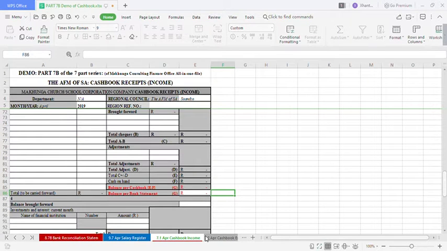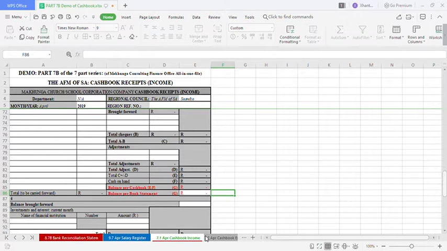Please note that the data that we use on this demo is obtained from this case study that we recently showed you, and to save time, we have extracted and recorded aside all the information that we will be using in completing the cashbook.